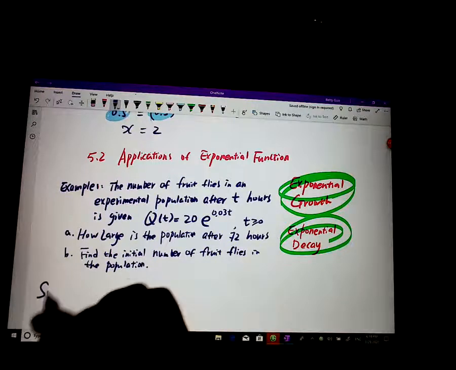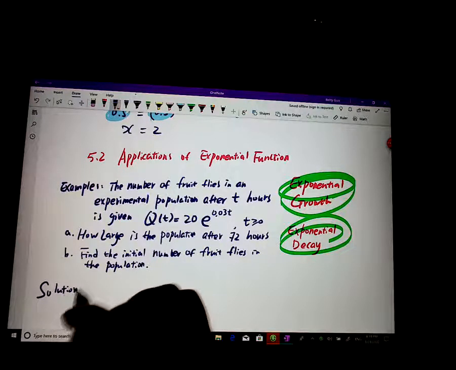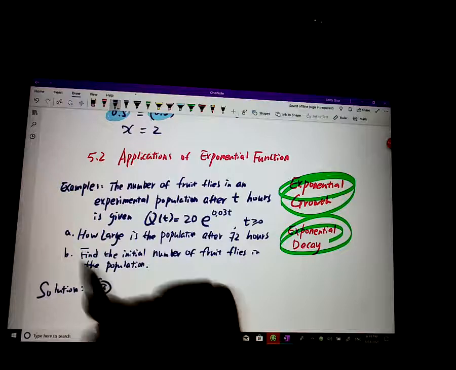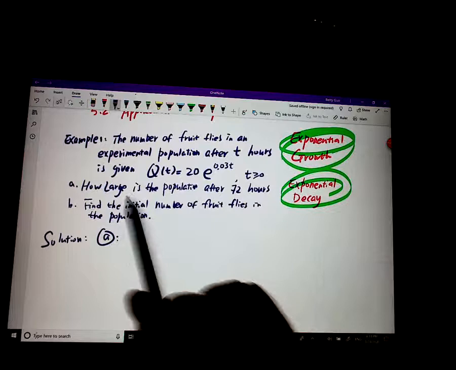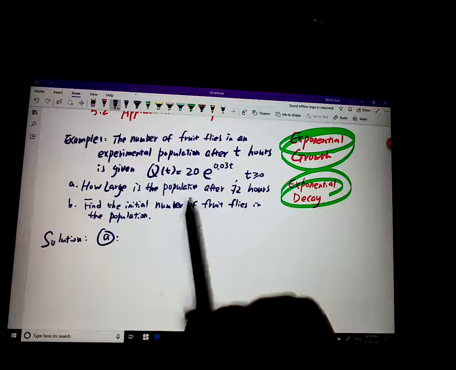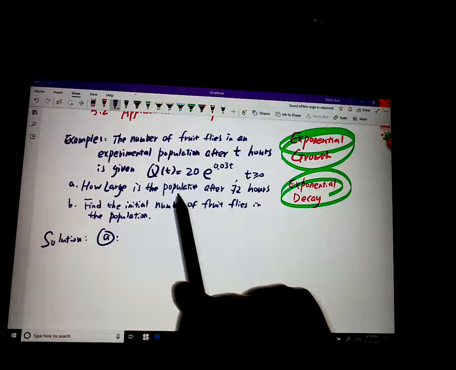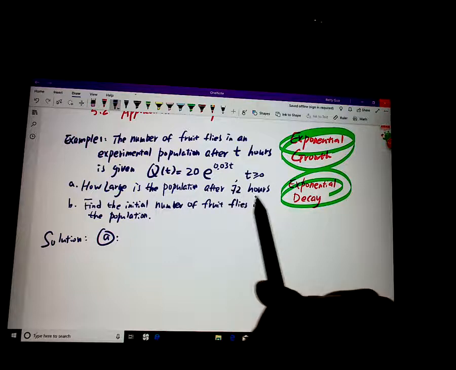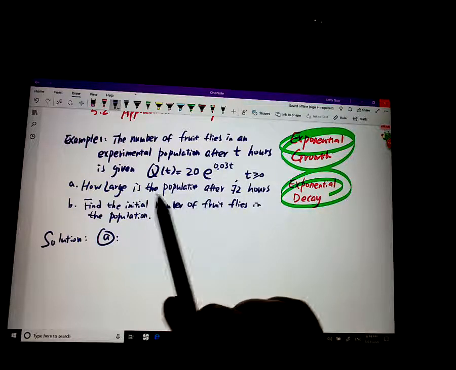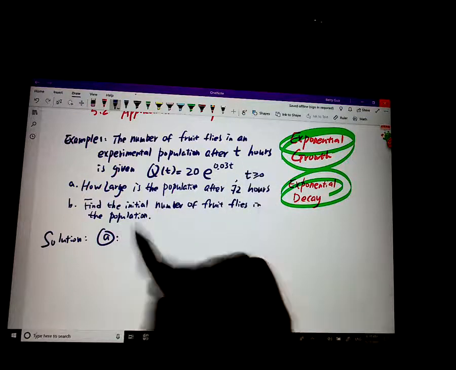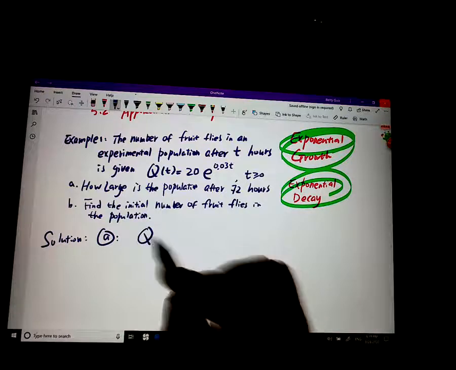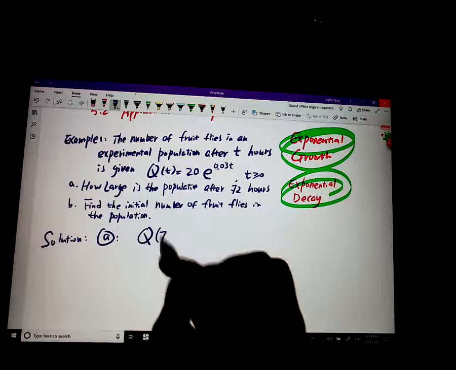Alright, let's see how we complete the two parts. Part A. How large is the population? So we are looking for Q after 72 hours. So we are looking for the Q value corresponding to t equals 72. So we are looking for Q of 72.